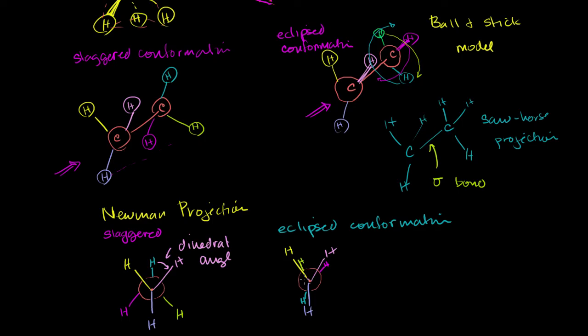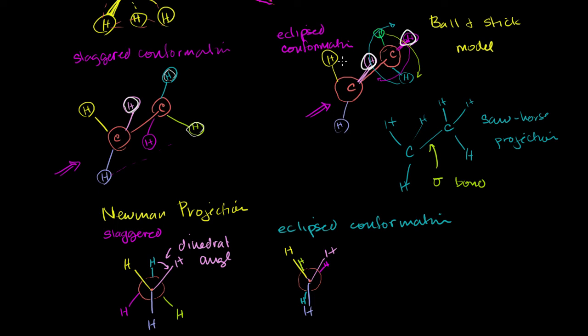In the eclipsed conformation, this hydrogen and this hydrogen are closer to each other than in the staggered conformation. In the staggered conformation, the closest hydrogen to this guy is going to be either that hydrogen or that hydrogen, but they're both further away than this hydrogen was in the eclipsed conformation.